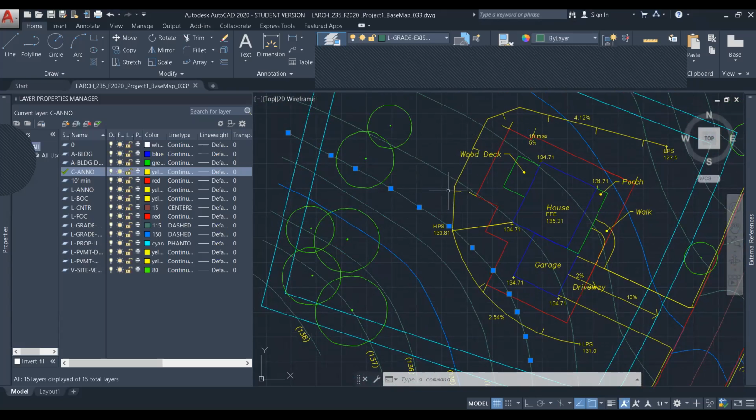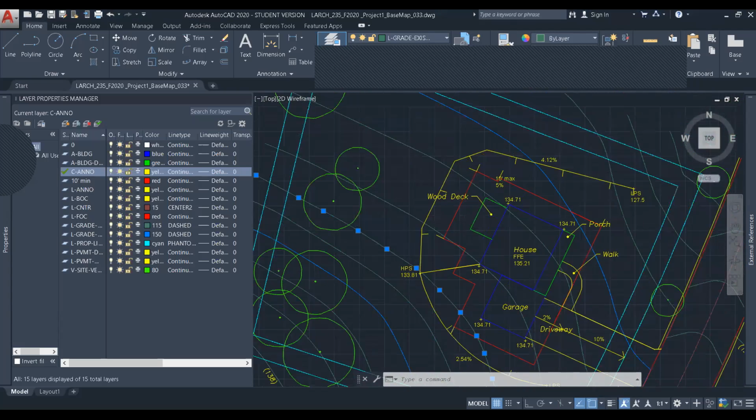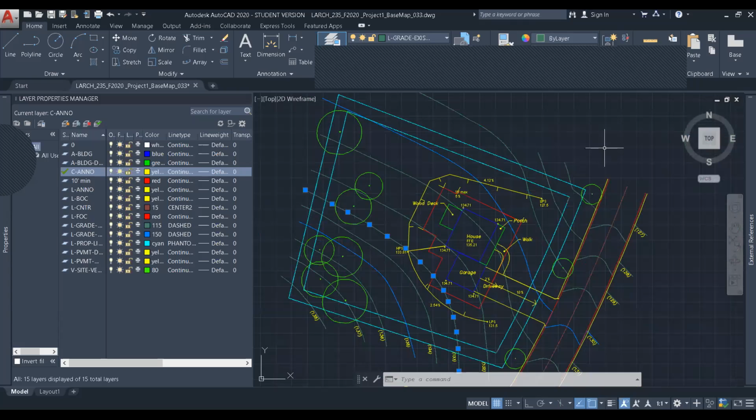Okay, so you're 33, and what I'm going to do is use your numbers real quick and copy them over so that we can talk about this. You've got a 135.21 elevation for your house, correct?